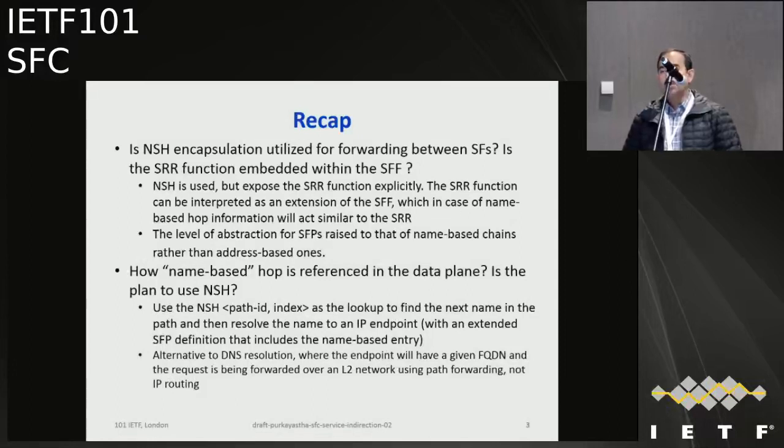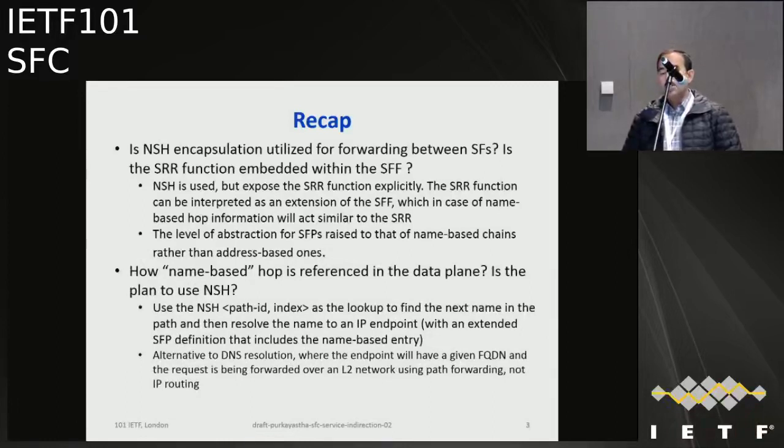NSH is not described as explicitly being used, because this draft mostly exposes the SRR function. But the SRR can be interpreted as an extension to the SFF, and in that case the name-based hop information will act similar to the SRR. In this draft, the level of abstraction for the service function path has been raised to that of name-based chains rather than address-based ones.